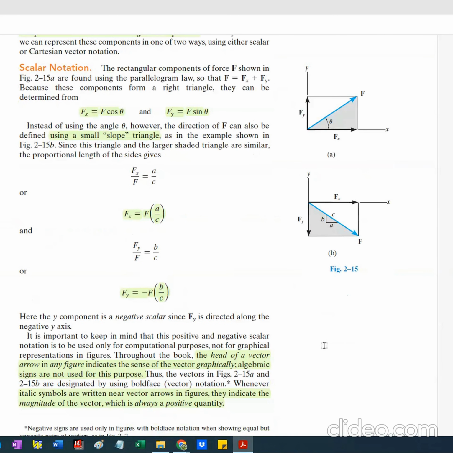Italic will be, and you can see the negative to complement the orientation. Yes, but italic means that it is just the magnitude of the vector. So italic F, magnitude of F, italic Fy, that's the magnitude of it. Okay.